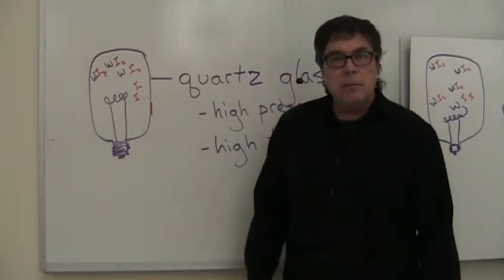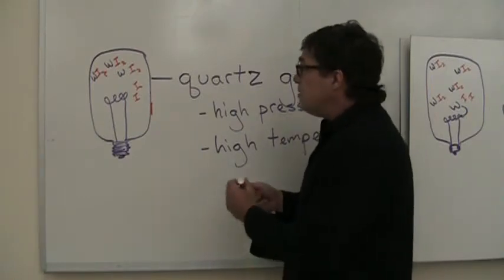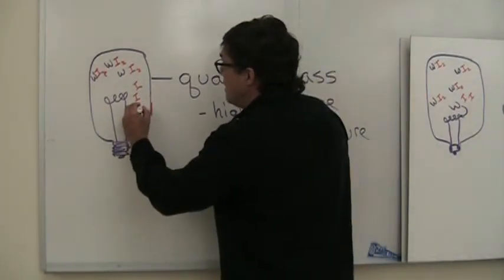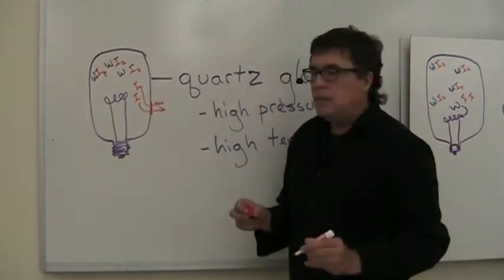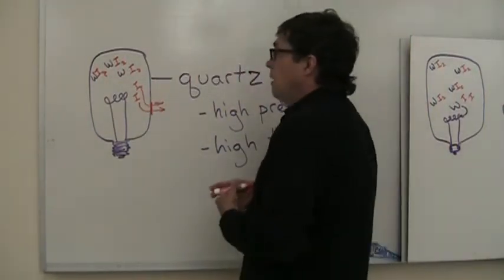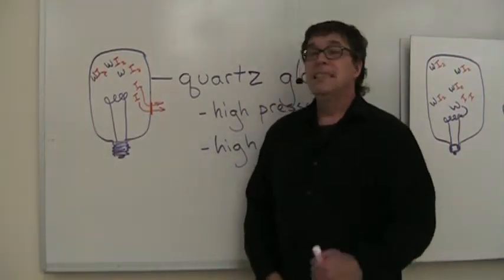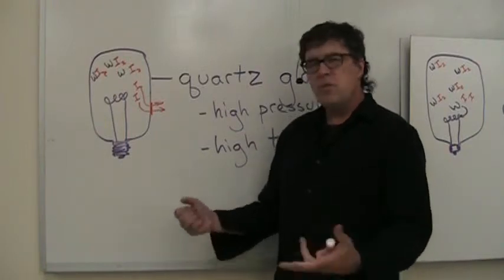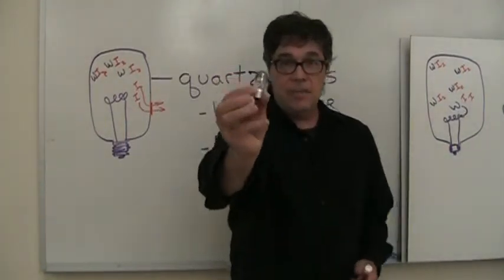It reacts with the glass and it makes this glass porous so that the iodine can escape. Once they've escaped, our reaction quits, and our light bulb dies.